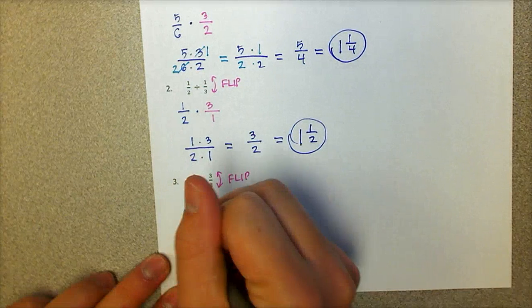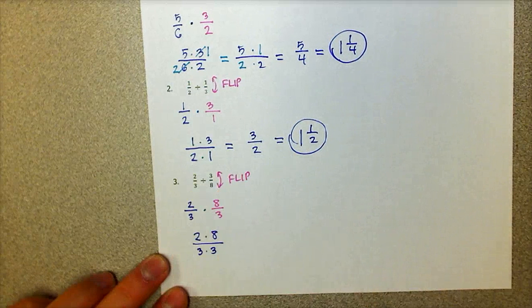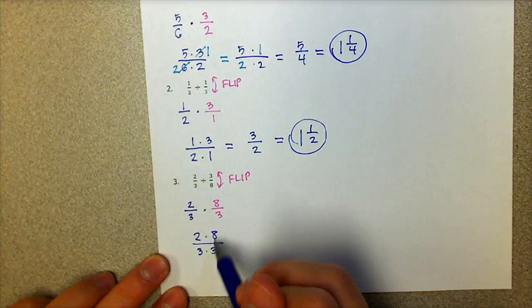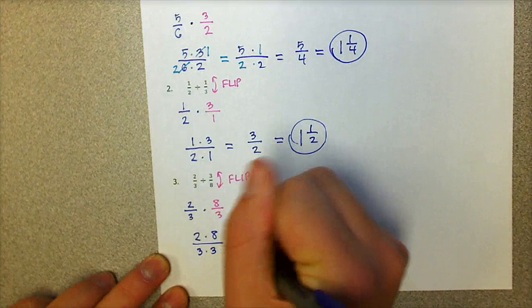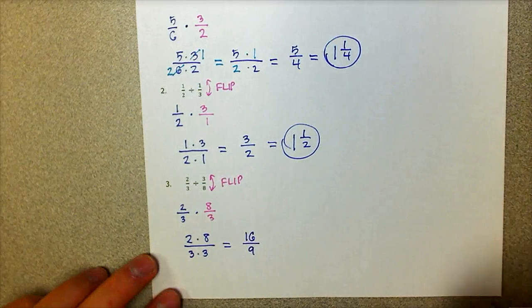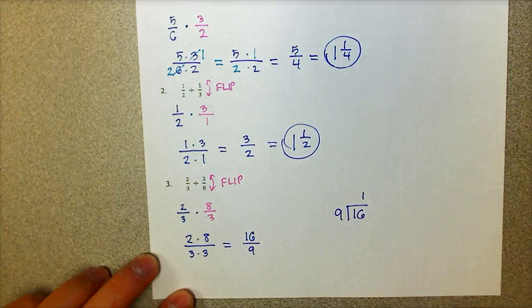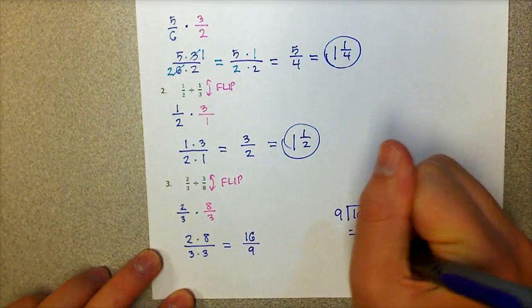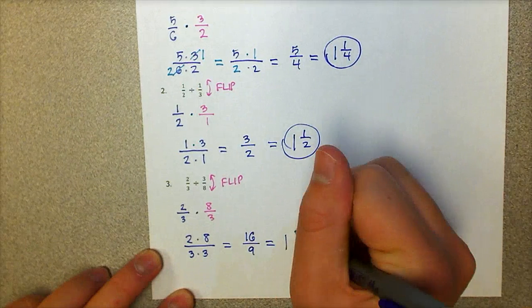So this will be 2 times 8 over 3 times 3. I can't cancel anything, top or bottom, for this one. So 2 times 8 is 16. 3 times 3 is 9. 9 will go into 16 one whole time with a remainder of 7. So my answer would be 1 and 7/9.